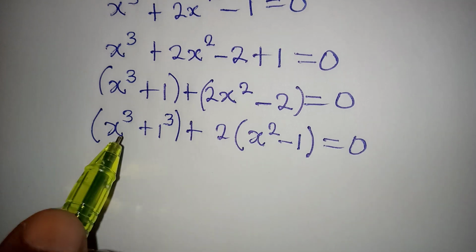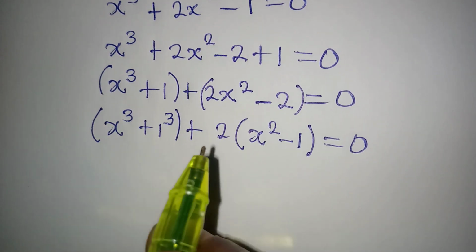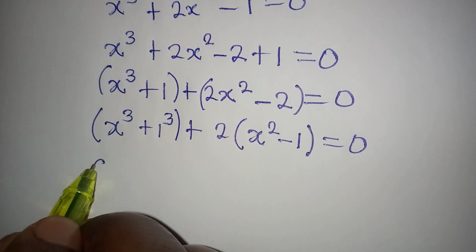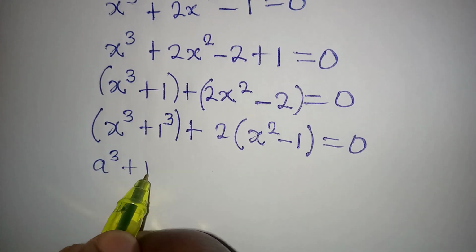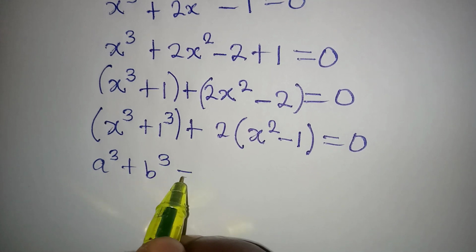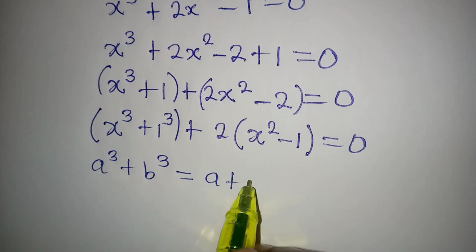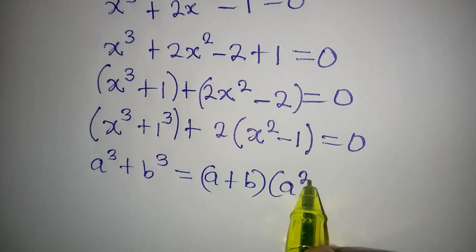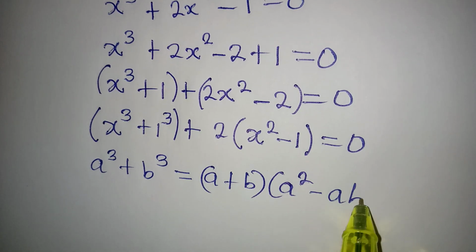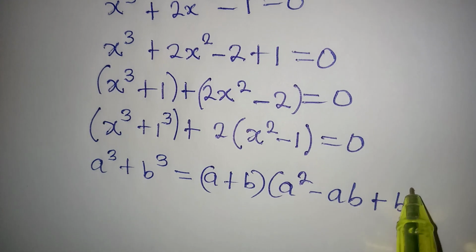And now, because we have these 2 raised to the power of 3, we can apply this standard. a to the power of 3 plus b to the power of 3 is the same thing as a plus b into a squared minus ab plus b squared.